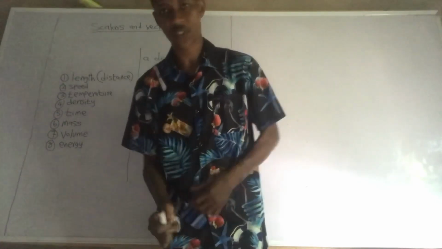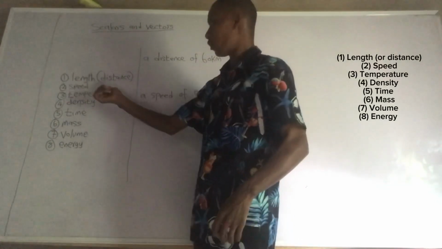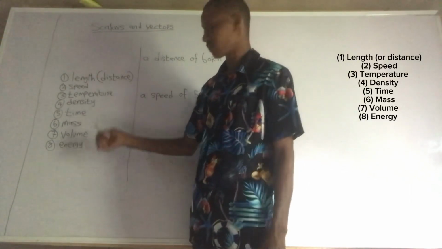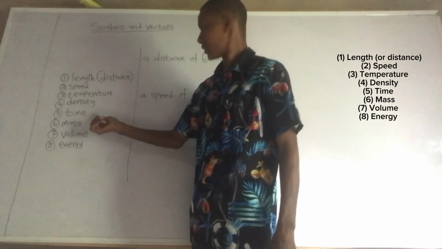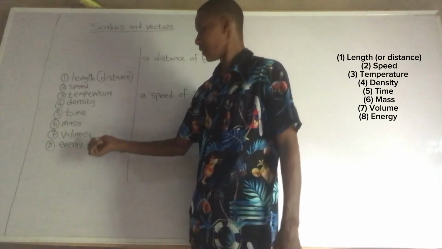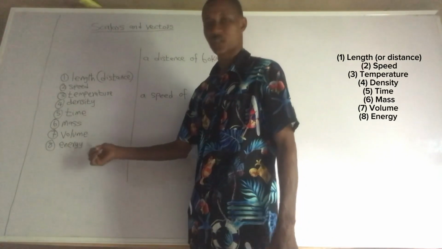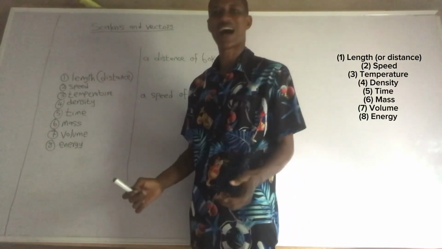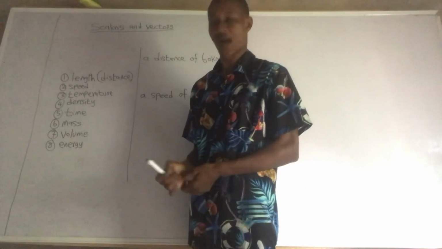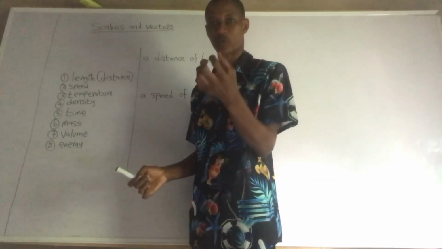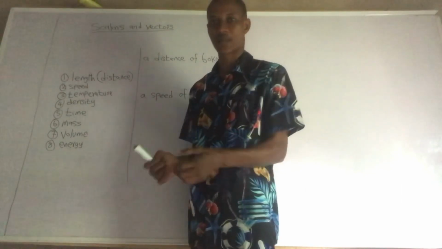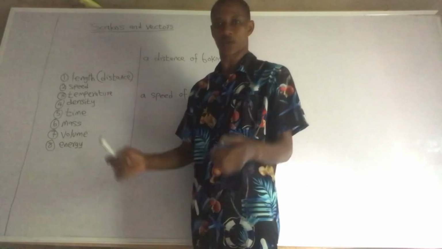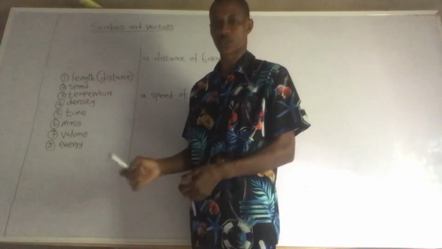Examples of such quantities are length, or you call it distance, speed, temperature, density, time, mass, velocity, energy. These quantities are called scalar quantities, and you should know them. You should have them at the tip of your fingers because you can be asked anytime. Give 2, 3, 4 examples of scalar quantities. You should know what to say.